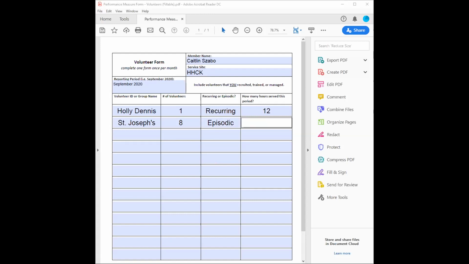So you're going to calculate 16 hours times 8 volunteers, and you'll get to 128 hours. So that's what you'll enter, because again, it's 8 volunteers volunteering for 8 hours for 2 days. If you have questions on how to calculate that, you can call me or Holly and we'll walk you through that.